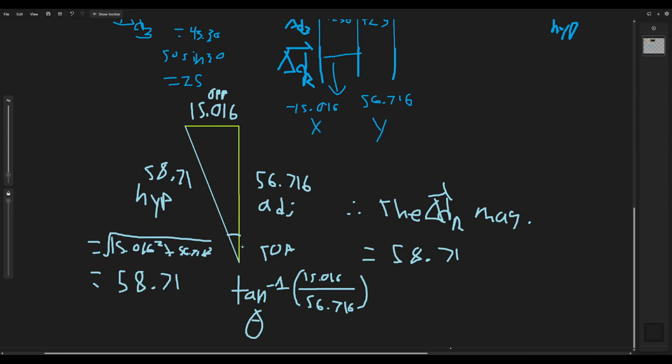So our angle, theta, is equal to approximately 14.8 degrees. And that kind of makes sense as you can see how small the angle is. So 14.8 degrees.